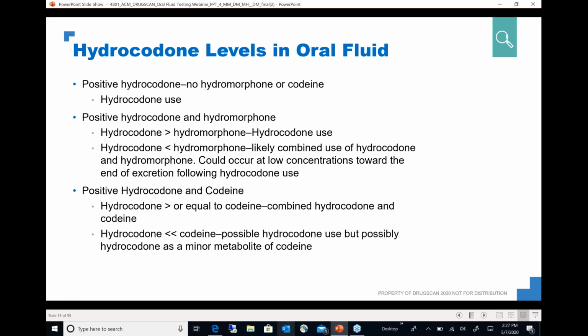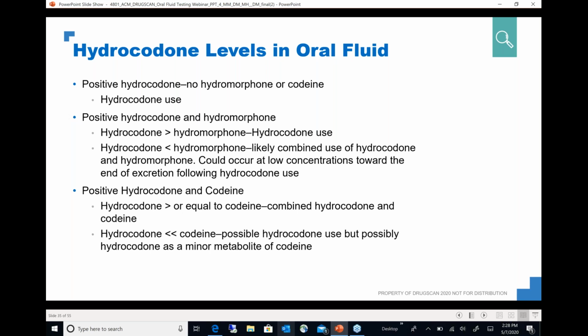If we see hydrocodone and hydromorphone, where hydrocodone is greater than the hydromorphone, it's indicative of hydrocodone use. Hydrocodone levels in oral fluid less than hydromorphone, it's likely a combination of the individual using both hydrocodone and hydromorphone.